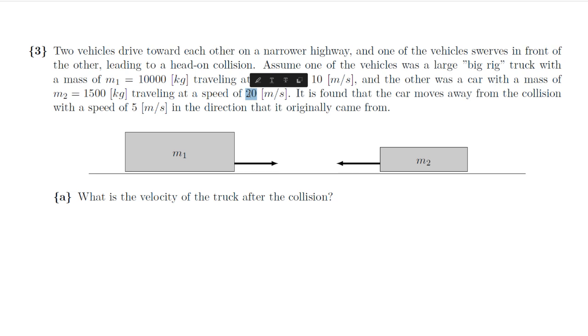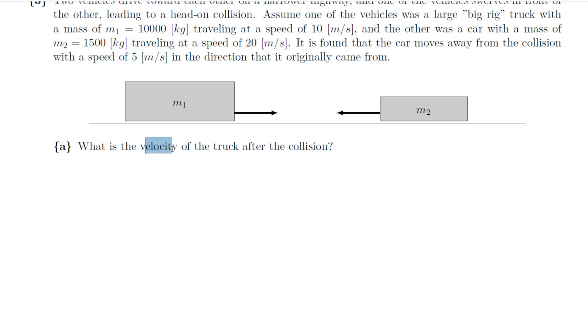It is found that the car moves away from the collision with a speed of 5 meters per second in the direction that it was originally coming from. I want to know what the velocity of the truck after the collision is.